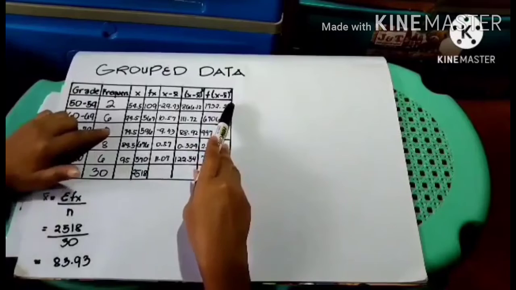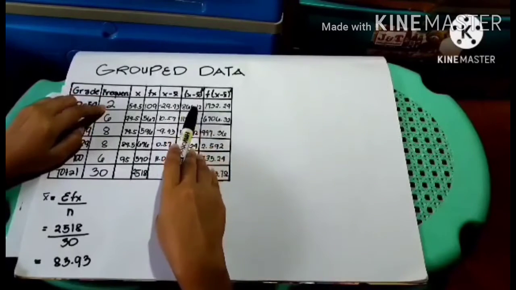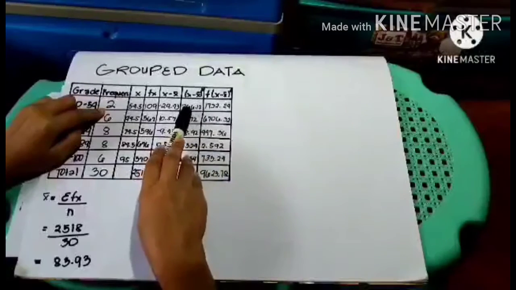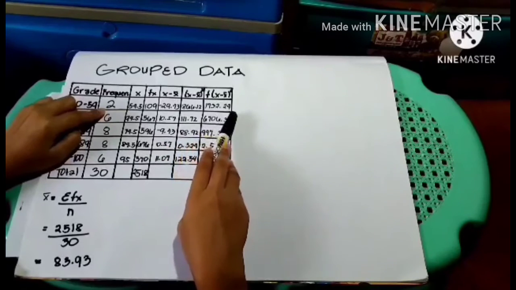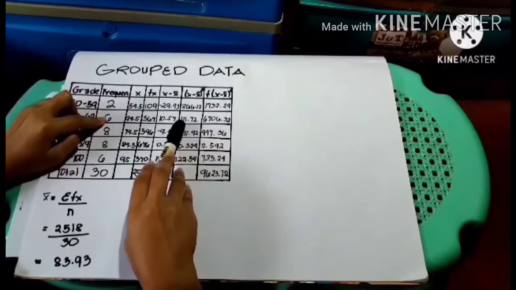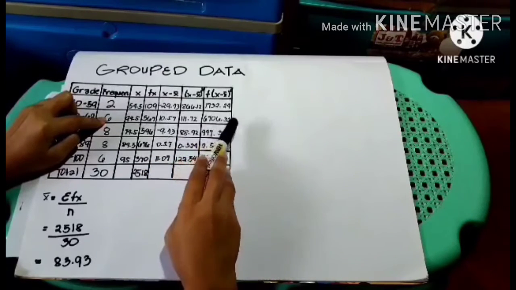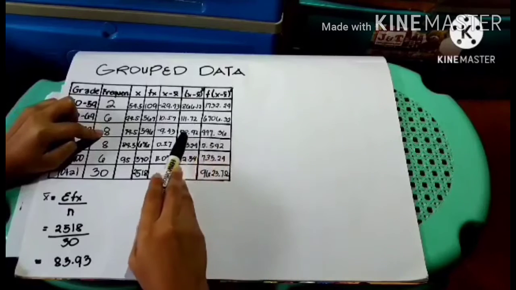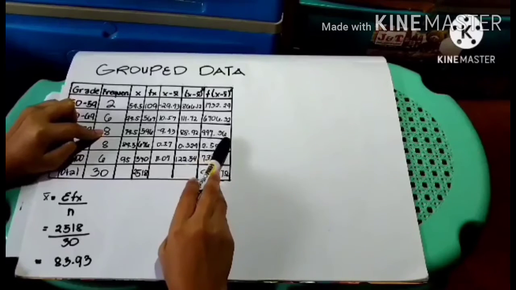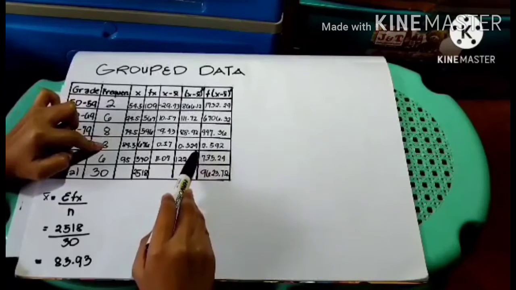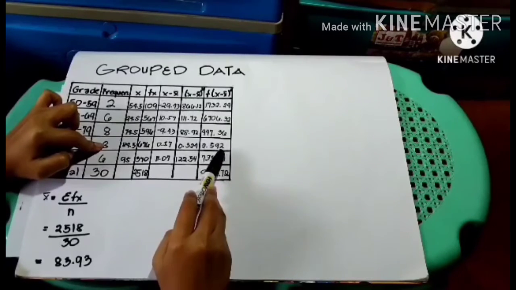The last column is f multiplied by x minus x bar squared. So we multiply the frequency and the x minus x bar squared. So 2 times 866.12 is equal to 1732.24, and 6 times 377.52 is 2265.12. 8 times 88.92 is equal to 711.36, and 8 times 0.324 is equal to 2.592.